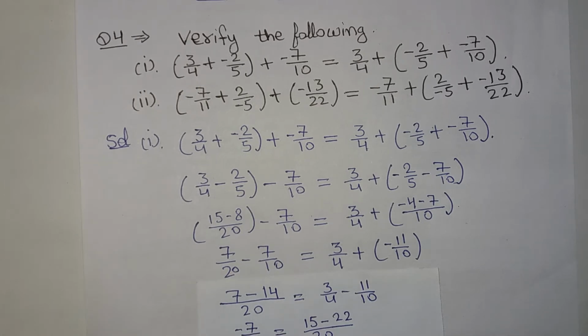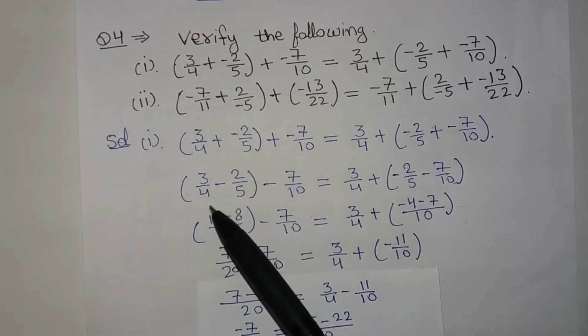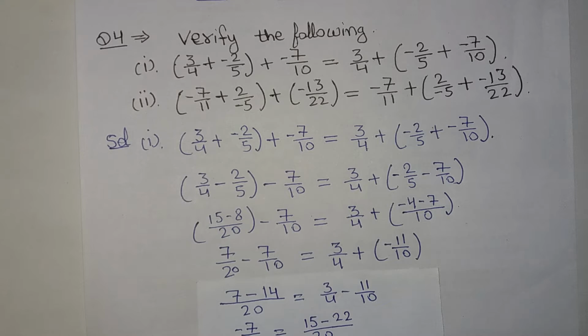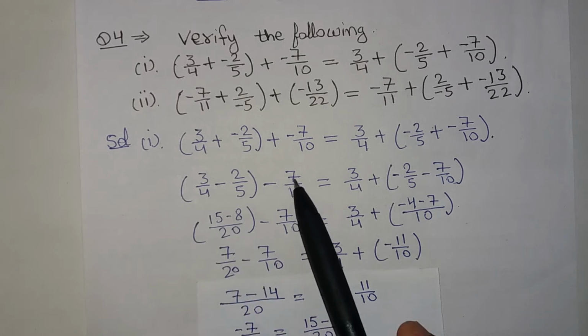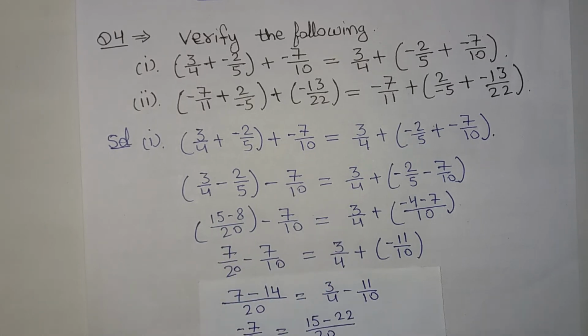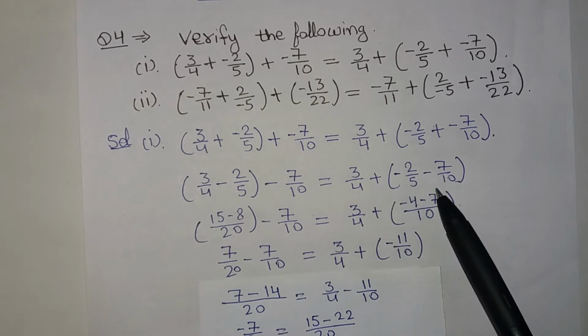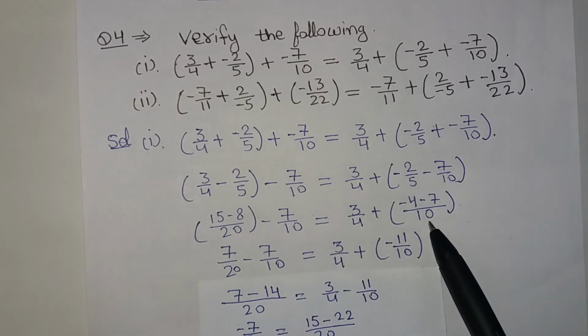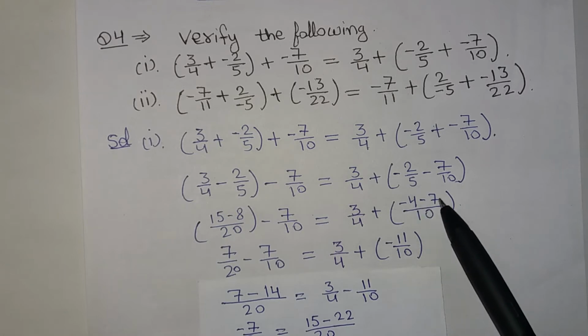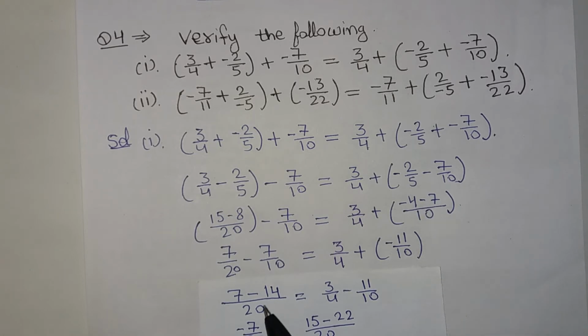So we can write here 3 upon 4 minus 2 upon 5. By taking LCM of 4 and 5, it will be 20. So it will become 15 minus 8, and here minus 7 upon 10. And here 3 upon 4 and plus, by taking LCM of 5 and 10, it will be 10. It will become minus 4 and minus 7.